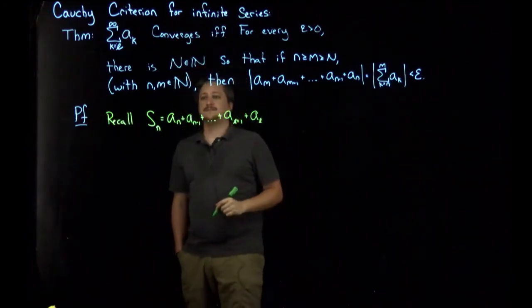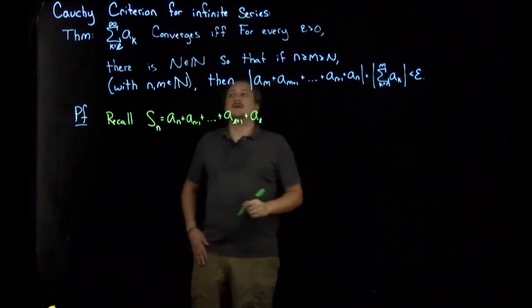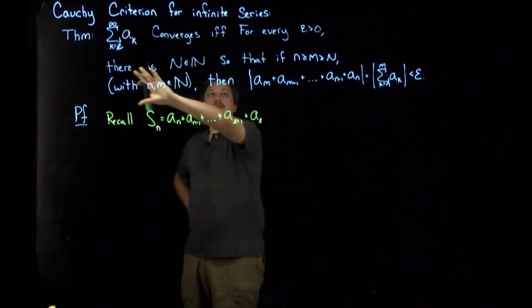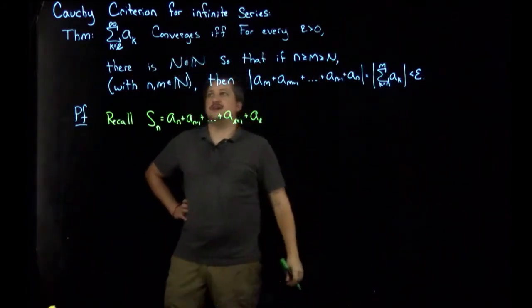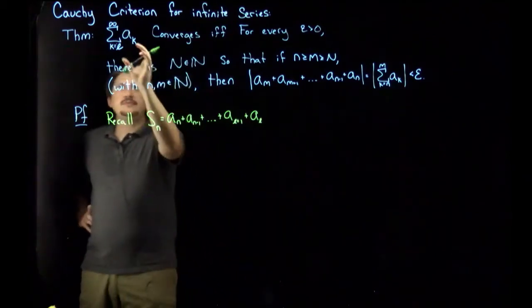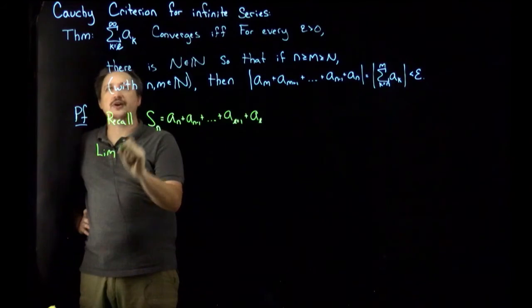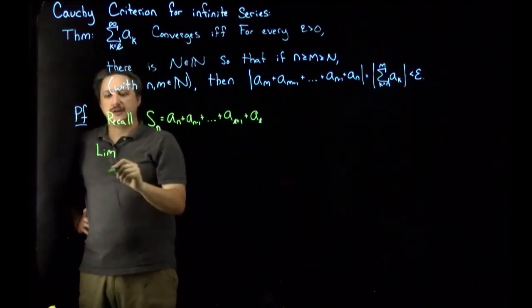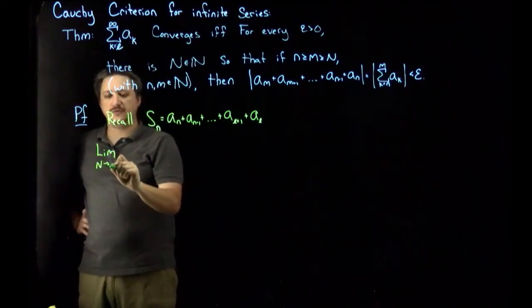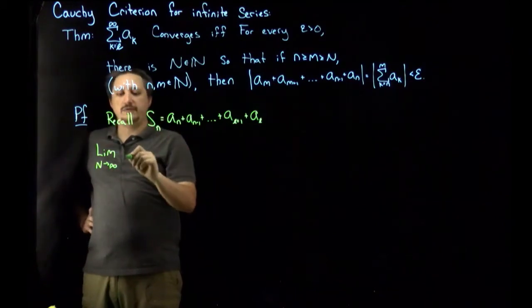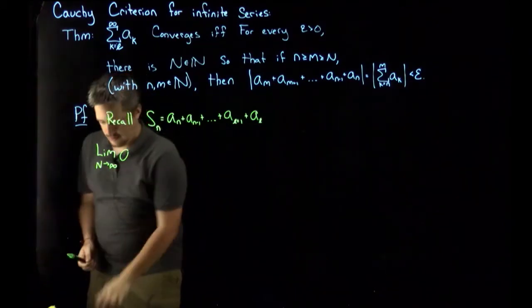Okay. So I'm going to literally rewrite this. What is this? This is saying the limit of the partial sums, right? Because that's exactly what this is. So this is the limit as capital N goes to infinity of S_N.